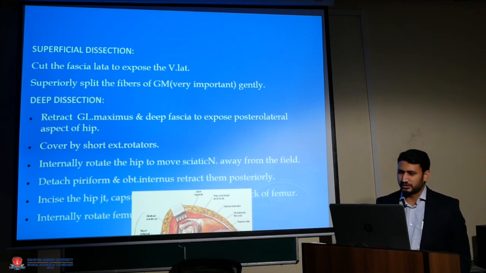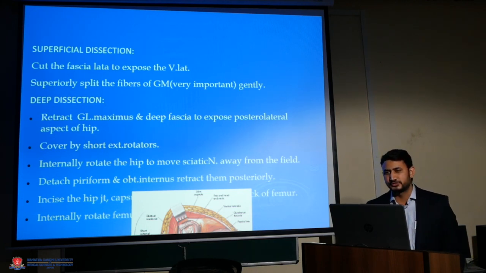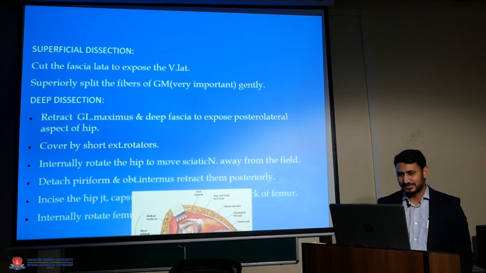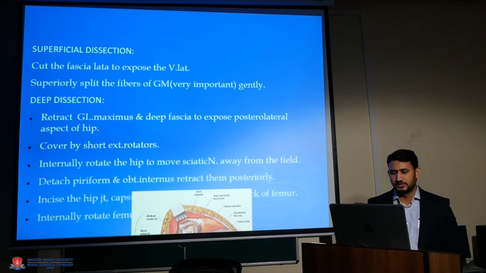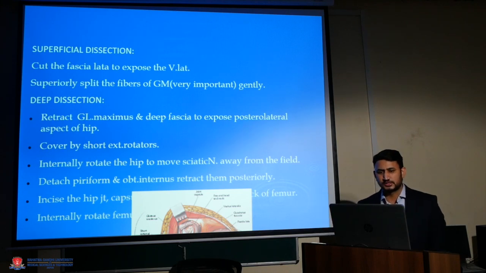You should internally rotate, and you can cut the short external rotators like piriformis, obturator internus and the two gemelli. Detach all these short external rotators from the posterior aspect of the trochanter and incise the hip joint capsule, and you are into the joint.